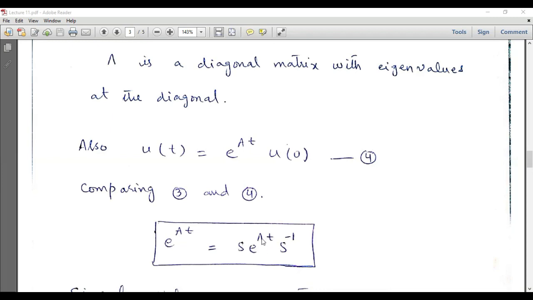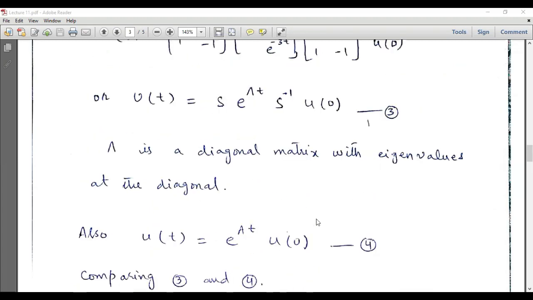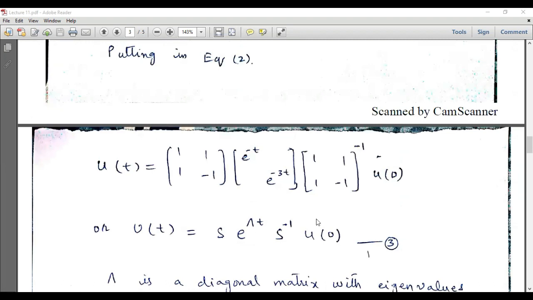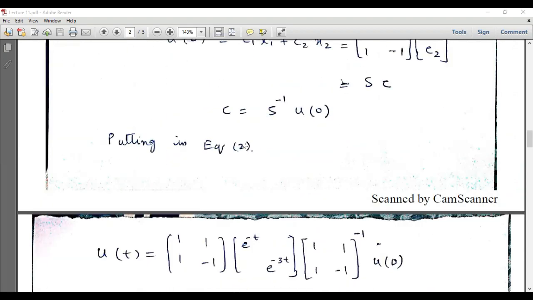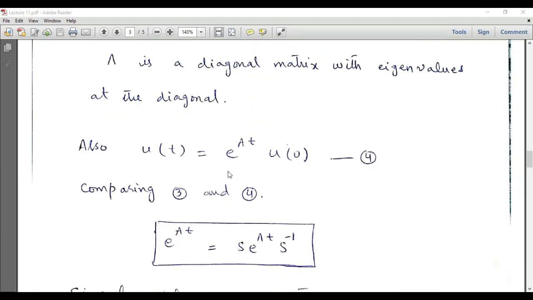And the diagonal entries will have e^(λ1 t) and e^(λ2 t), where λ1 and λ2 are the two eigenvalues. So that is all about today's lecture, and that lecture was also very important because we have learned how to evaluate the matrix exponential, and by adopting this method, we can calculate the matrix exponential by using this simplified expression.